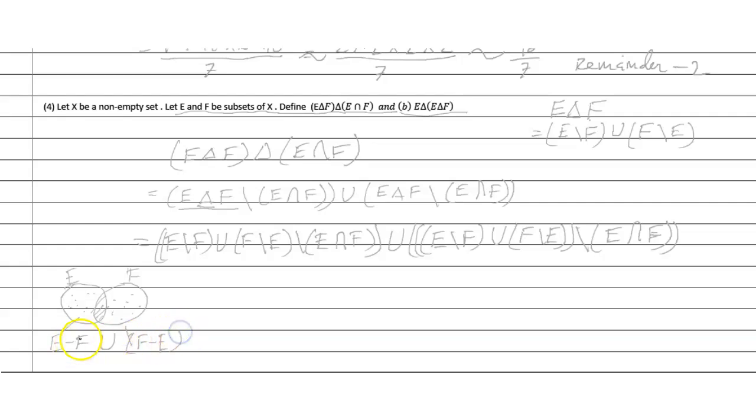Union portion means E union F minus E intersection F, union E intersection F. Here I have some mistake.